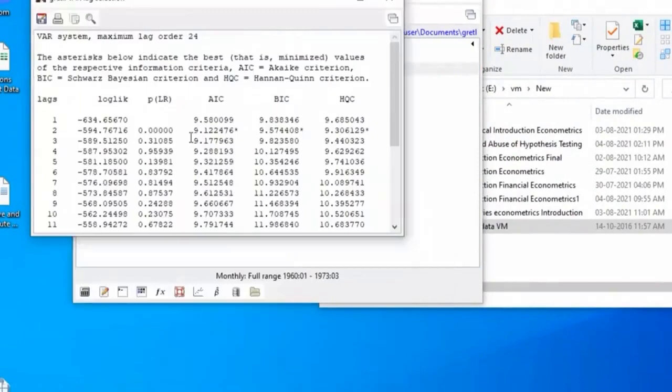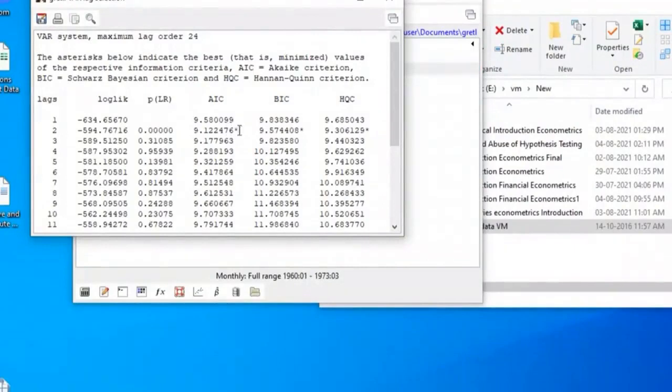If we do not know how to proceed, then Gretl says what to do. If there is a star with the information criteria, then that star refers to the optimum lag. That is, the asterisk below indicates the best, that minimizes the values of the respective information criteria.